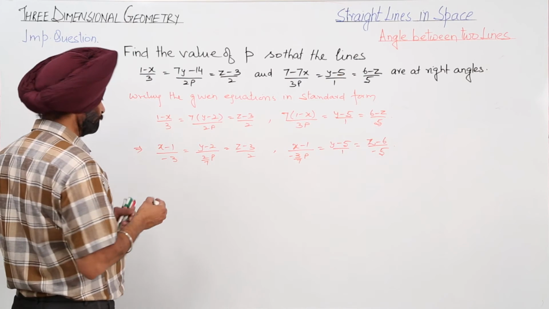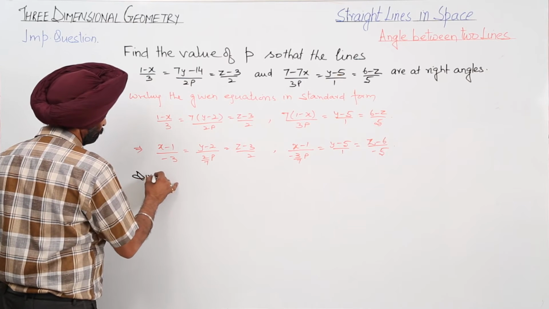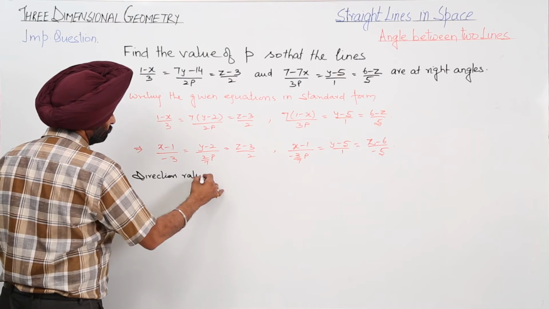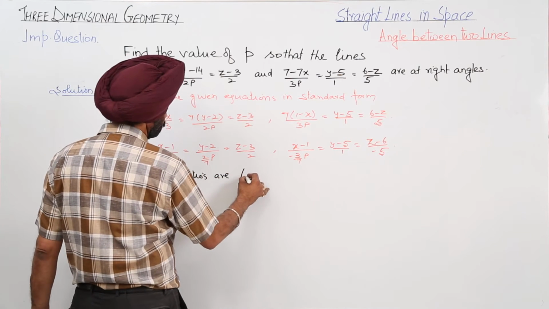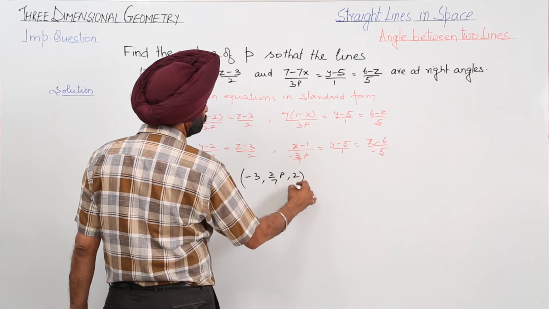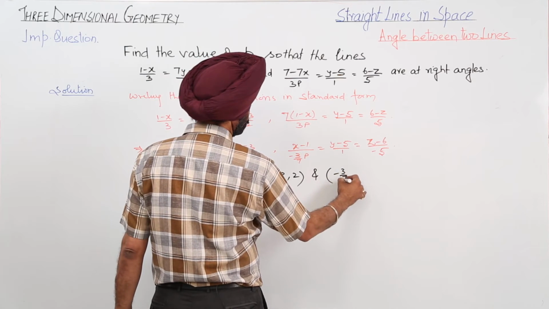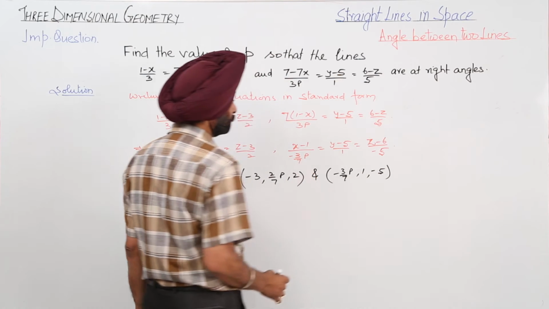Now the direction ratios are minus 3, 2/7p, 2, and minus 3/7p, 1 and minus 5.